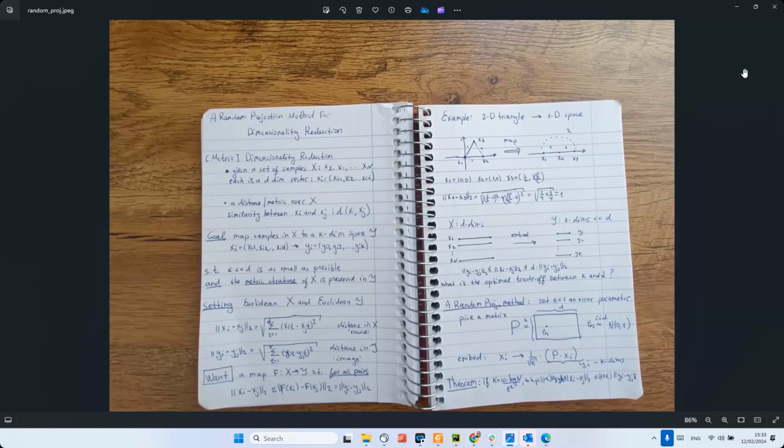And this is why it's called random projection, because it stems from the mathematical result.